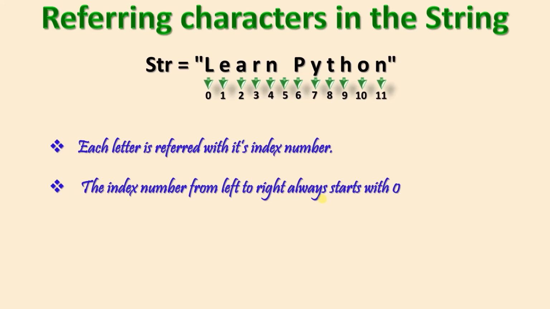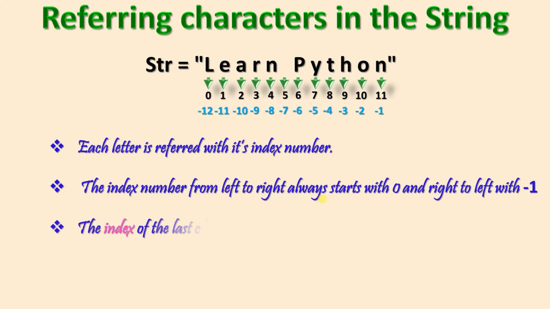In Python, even the string in reverse has index numbers. When it is from right to left, it always starts with -1. Here in the example, N will have -1 as the index number, then O is -2, and so on. At last, -12 will be the first index number for the example given.